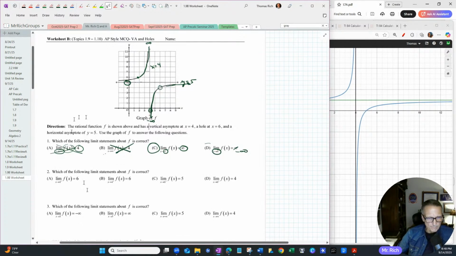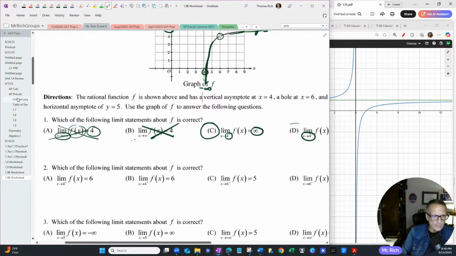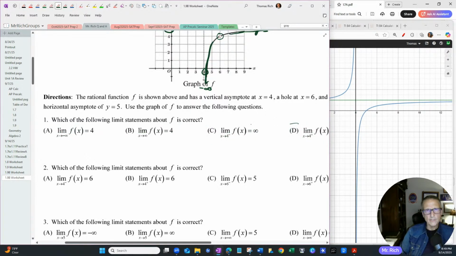So just to recap, as you head into a summative, maybe in 1.7 to 1.11, I think is where you'll probably have your next test, you want to know that these have to do with horizontal asymptotes as you go out to -infinity and infinity.